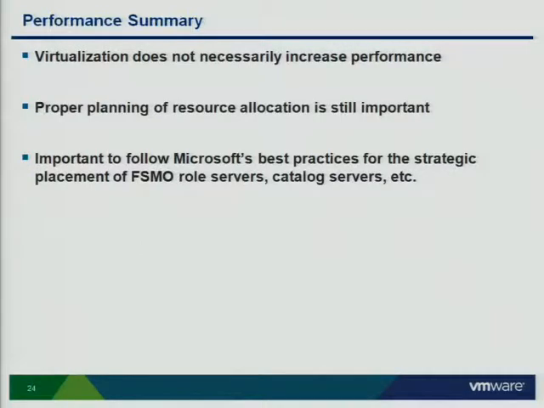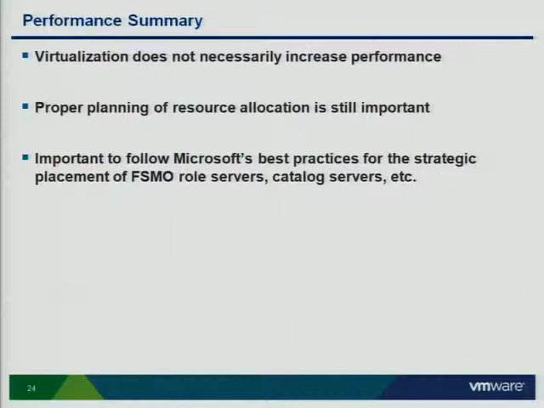So, virtualization doesn't increase performance. That's somewhat of a misleading bullet, because if I am in fact running an Active Directory domain controller on my old 486 DX66, and I now am running it on a box that's processing a couple of Xeon processors, yeah, we should see some performance increase there.